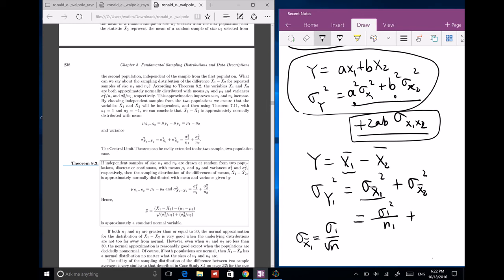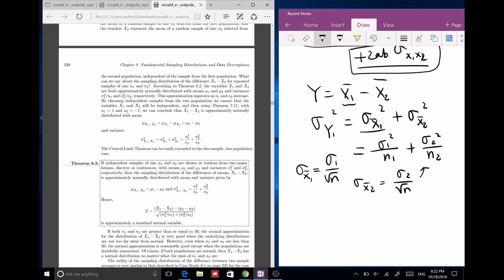Sigma x2 bar equals sigma 2 over square root of n2, and you square this to get sigma 2 square over n2. That's why sigma square of x1 bar minus x2 bar equals sigma 1 square over n1 plus sigma 2 square over n2.